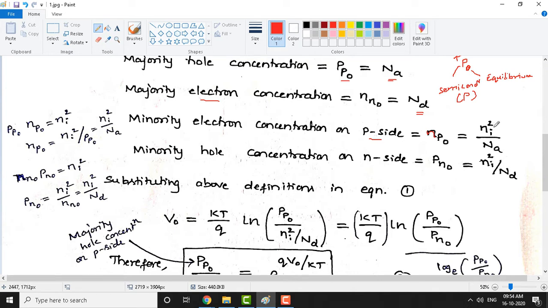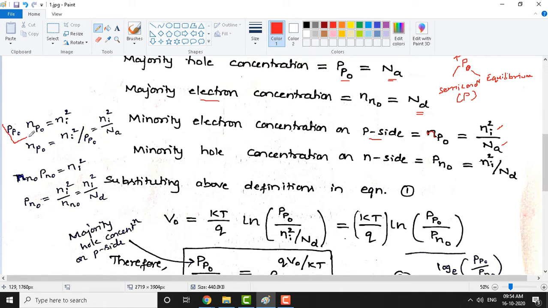So, this can be written as Ni square divided by Na, where Ni is the intrinsic concentration, so the square of the intrinsic concentration divided by the acceptor ion concentration. This formula has been shown here, how we got Np naught as Ni square by Na. You might have come across this equation already in module 1.